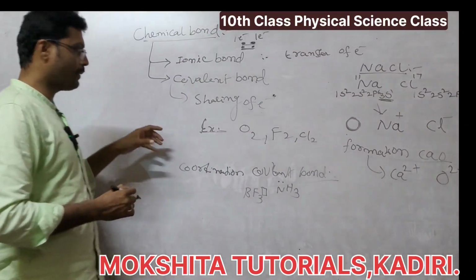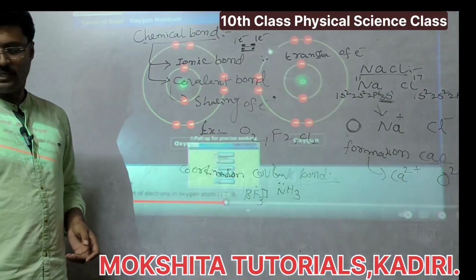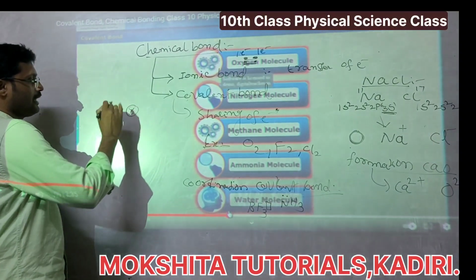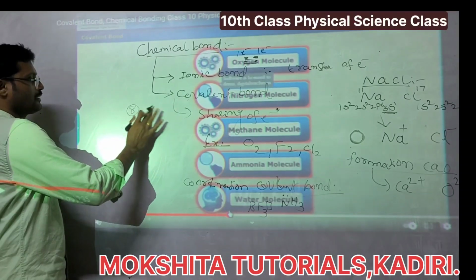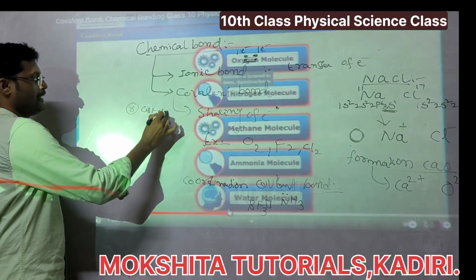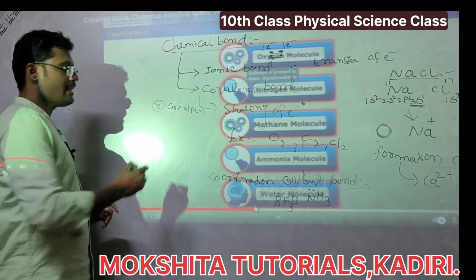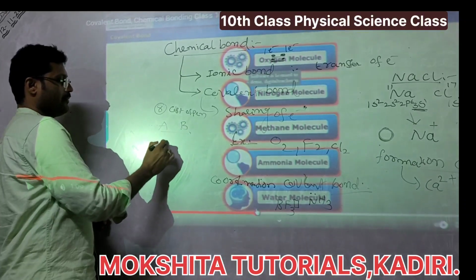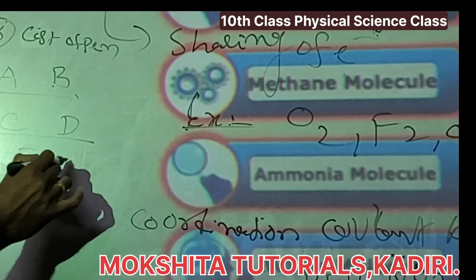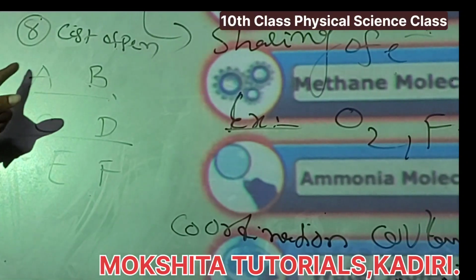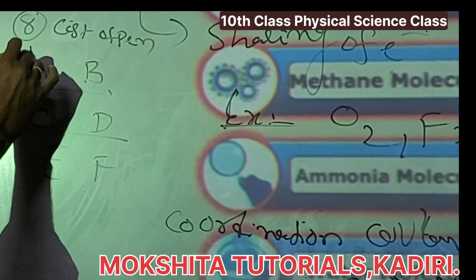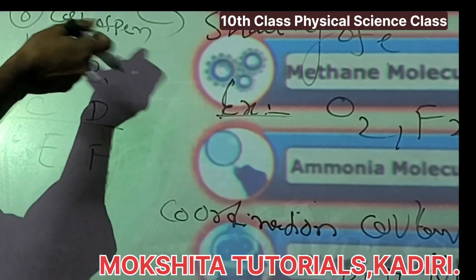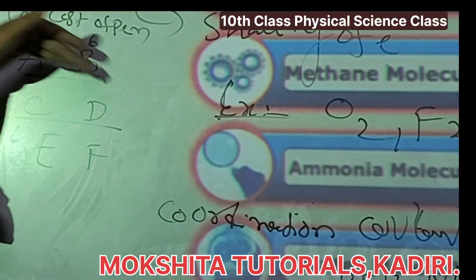For example, to explain all these things, suppose the cost of a pen is 8 rupees.